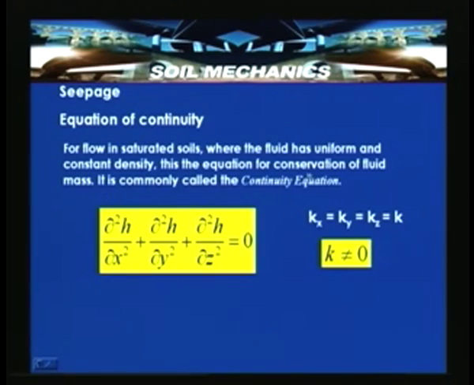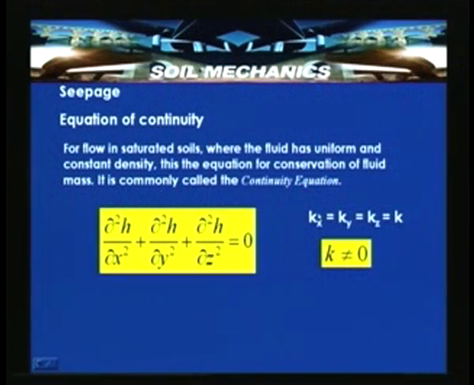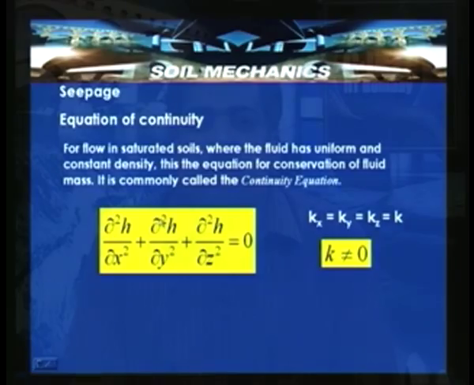It is commonly called the continuity equation, and this is for soils having identical permeability in all directions, that is Kx = Ky = Kz = K. With this, del square phi is equal to 0, and in terms of two-dimensional and three-dimensional flow considerations, we can write dou square h by dou x square plus dou square h by dou y square plus dou square h by dou z square is equal to 0. This also can be indicated as del square h is equal to 0, the Laplace equation of continuity.